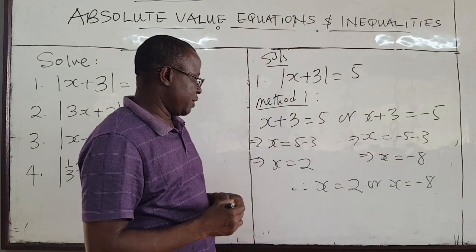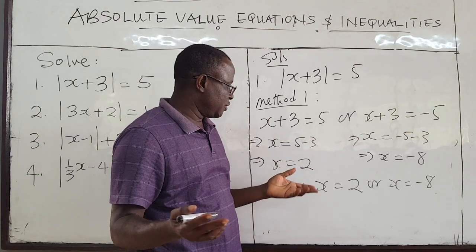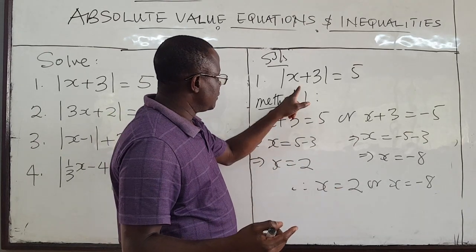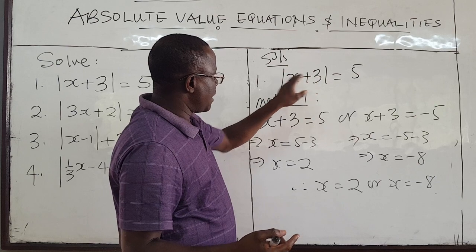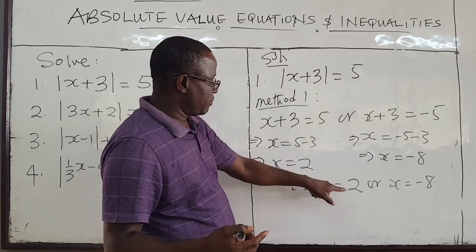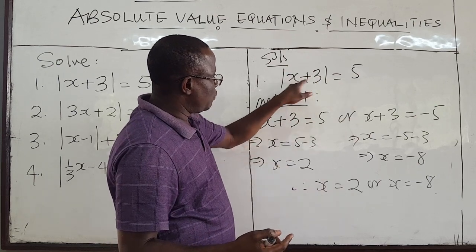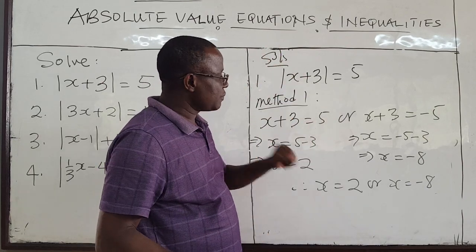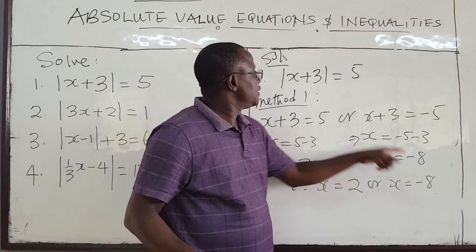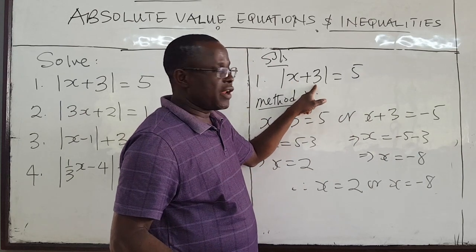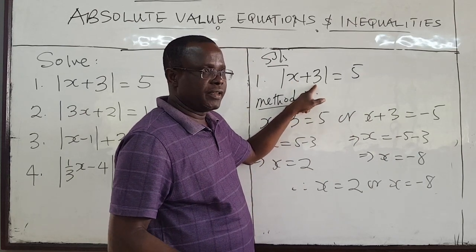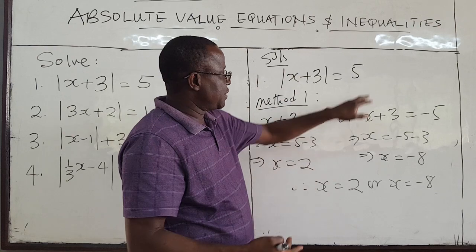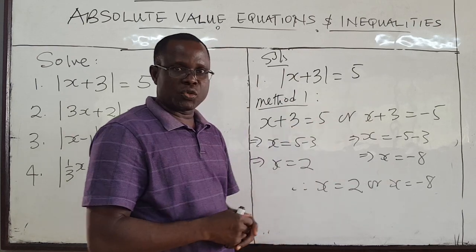And you can always check whether your answer is correct. Put 2 there: 2 + 3 is 5, the absolute value of 5 is 5. Plug in negative 8: negative 8 plus 3 is negative 5, and the absolute value of negative 5 is 5. So you get a solution.